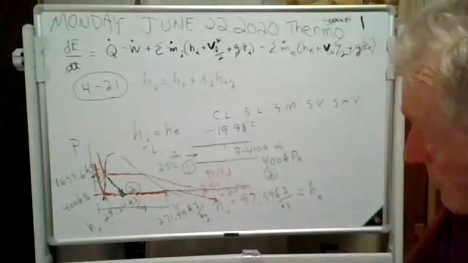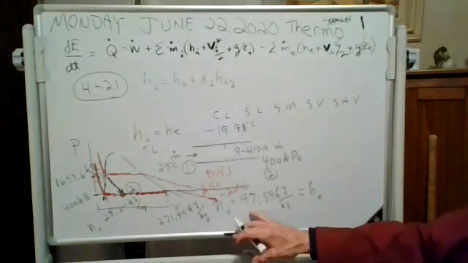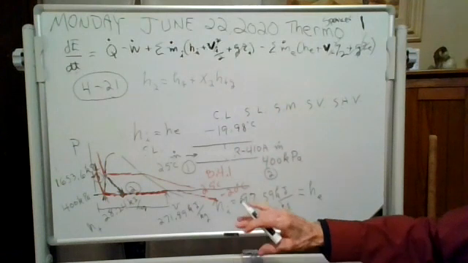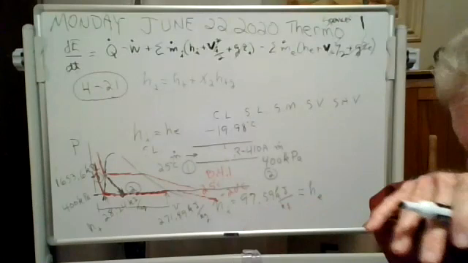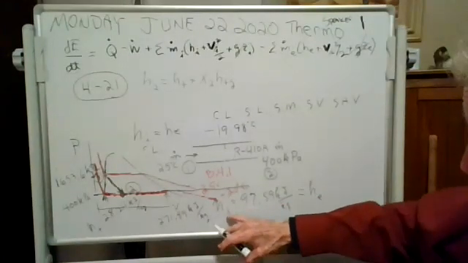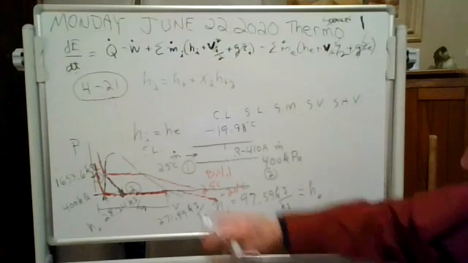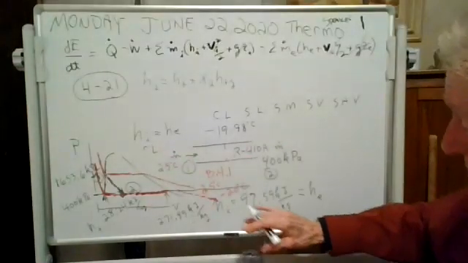Now we know the specific enthalpy at state 2. It's the same as the specific enthalpy at state 1, and we know what that is. It's 97.59.